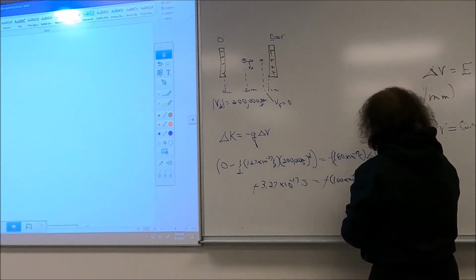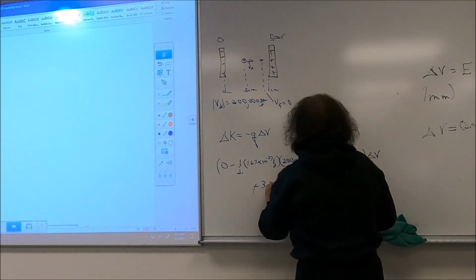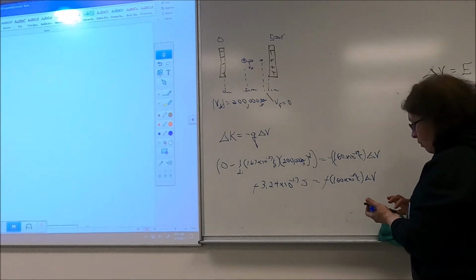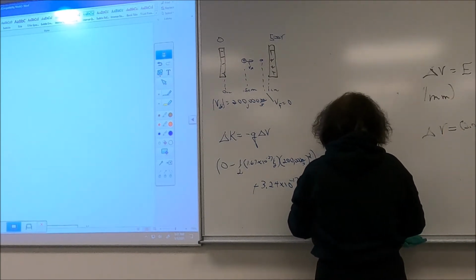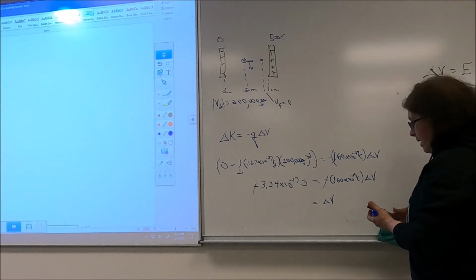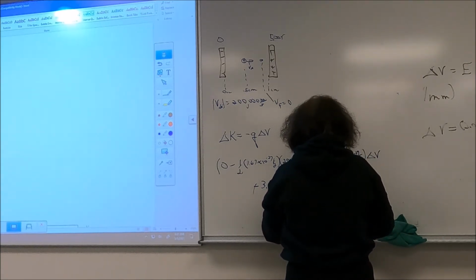Notice the negative and negative divide out. Divided by, so 3.24 times 10 to the minus 17 joules divided by 1.60 times 10 to the negative 19 gives me a delta V of 4.9 times 10 to the minus 3 volts.